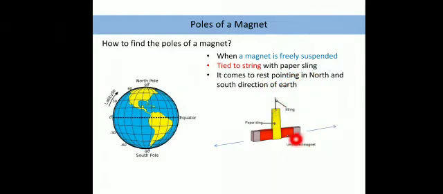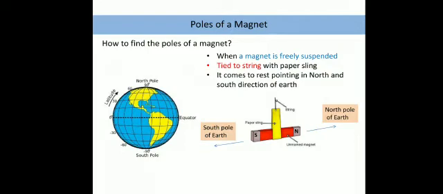Whichever side of the magnet is pointing in the north direction is known as the north pole, and the side pointing towards the south pole of the Earth is known as the south pole of the magnet. The side pointing towards the north we name capital N, and the side pointing towards the south is S.